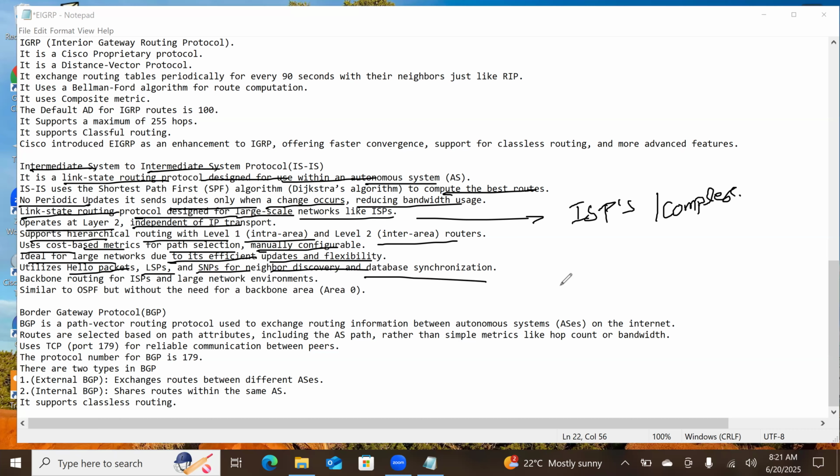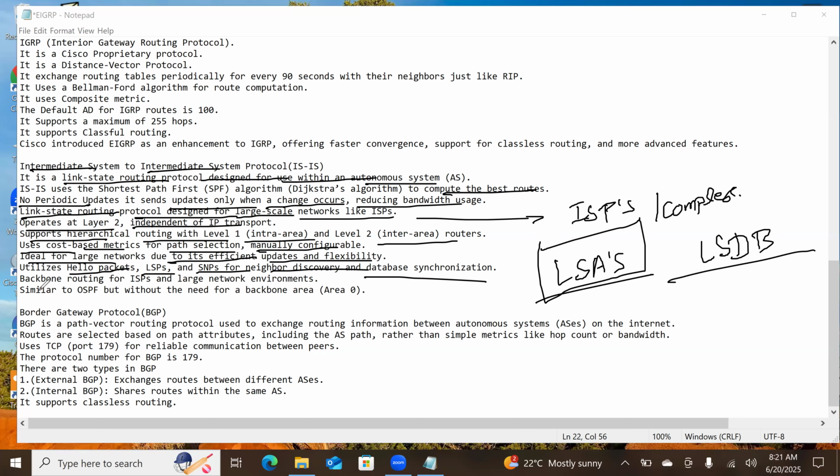What you have seen in OSPF, LSAs and LSDB. LSDB is the link state database, which has the LSAs. Here also it exchanges LSPs or SNPs to find out who my neighbor is, to create the routing table.